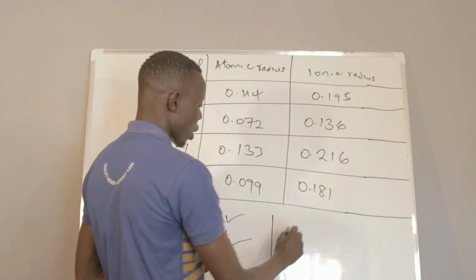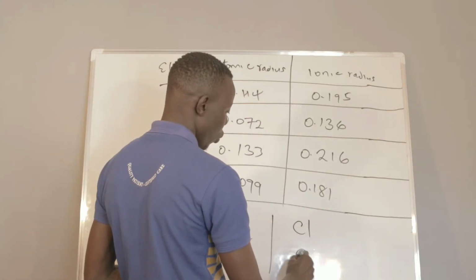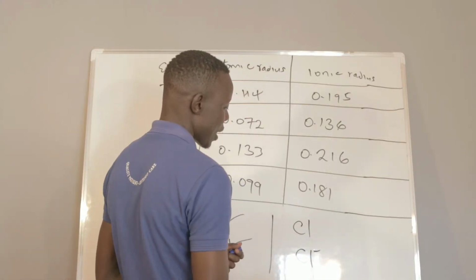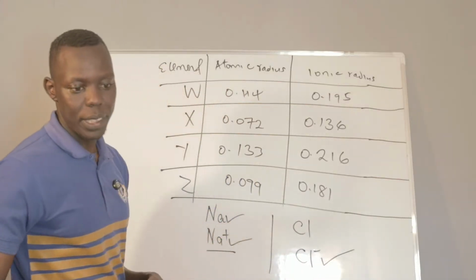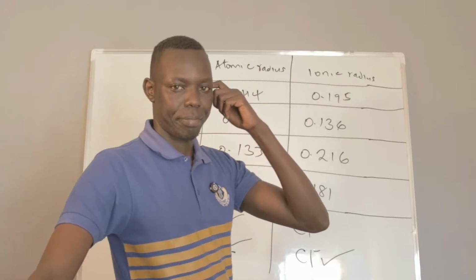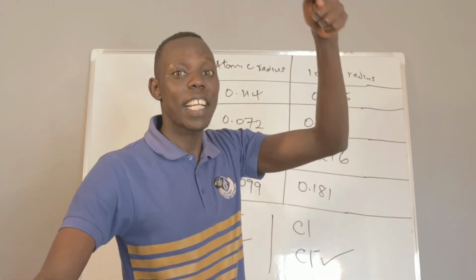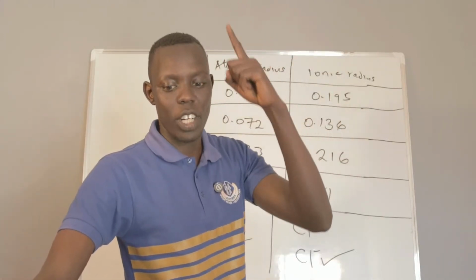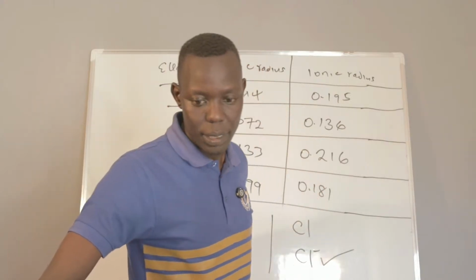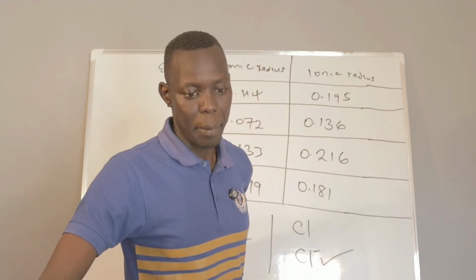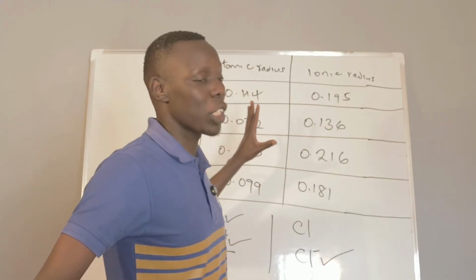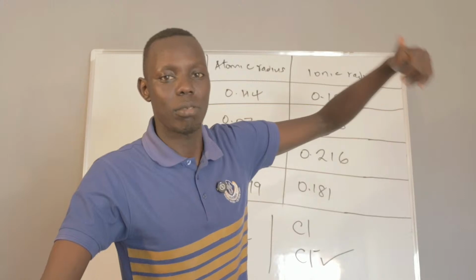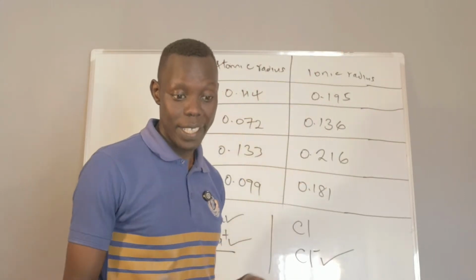But for a chlorine atom and a chlorine ion, which one is larger? Chlorine ion. So whenever you see an ionic radius larger than the atomic radius, it is for non-metals. Just like Stella and Beverly have said, non-metals. So these are non-metals because they have a larger ionic radius than atomic radius.